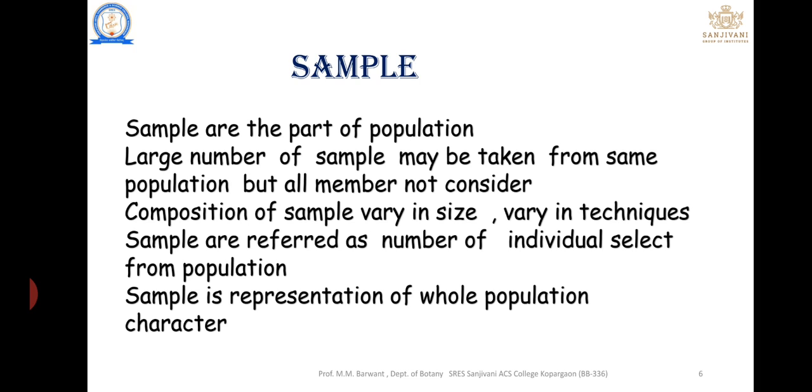A sample represents the whole character of a population. For example, I select students from the TYBAC class, and those students can represent the whole class. For example, the CR of your class can represent your whole class. That is known as a sample.